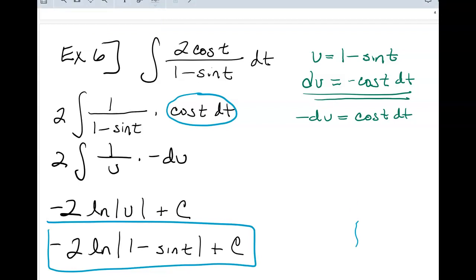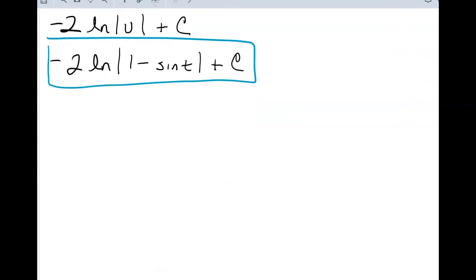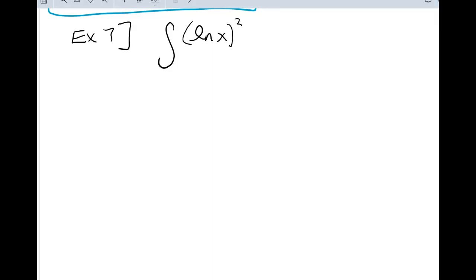All right, let's check out example 7. Here we've got the antiderivative of the quantity natural log of x raised to the third power over x with respect to x.